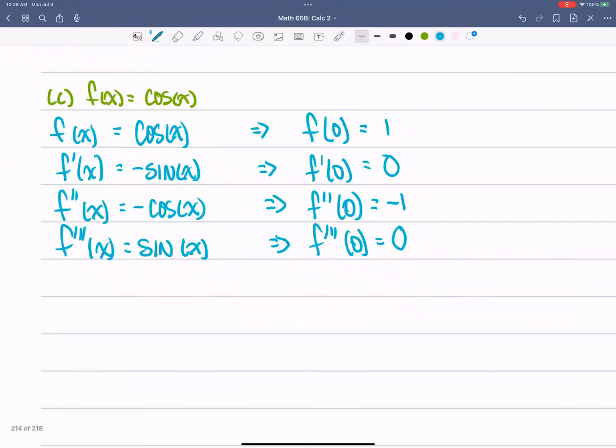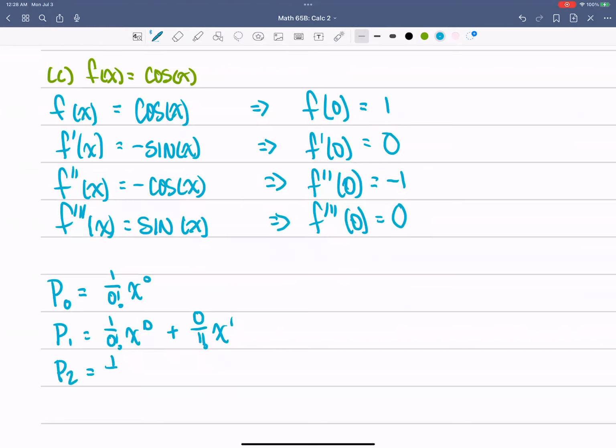And now our polynomials. P of 0 is going to be 1 over 0 factorial, x to the power 0. P1 is going to be 1 over 0 factorial, x to the power 0, plus 0 over 1 factorial, x to the power 1.